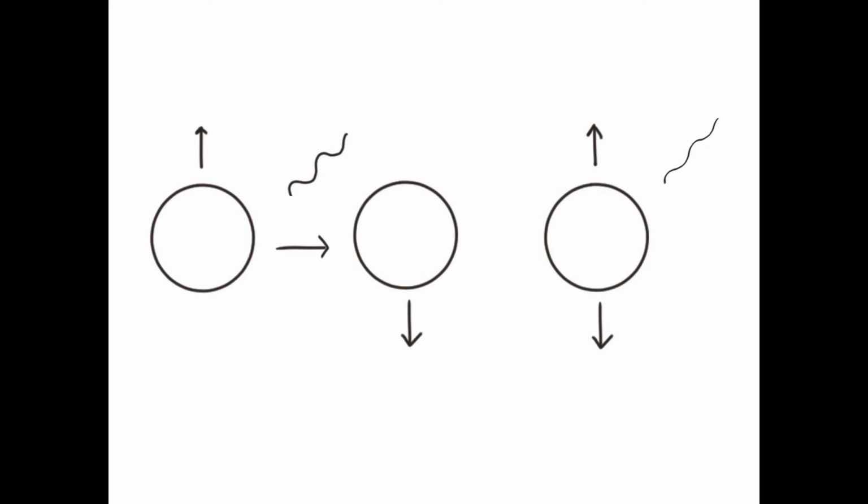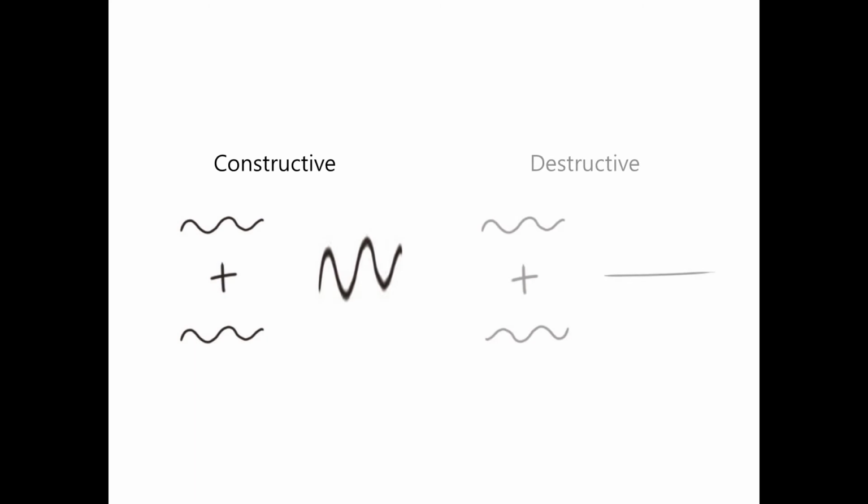And also, we can watch the result by using microwaves. In this process, microwaves interact with them by using interference. We use constructive and destructive interference to control quantum states and amplify the signals.